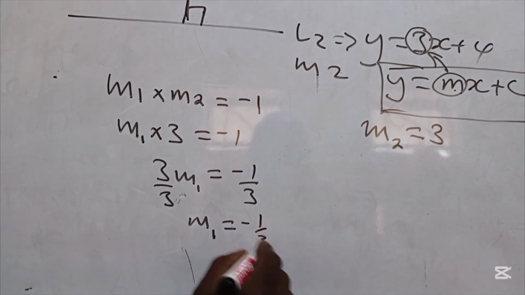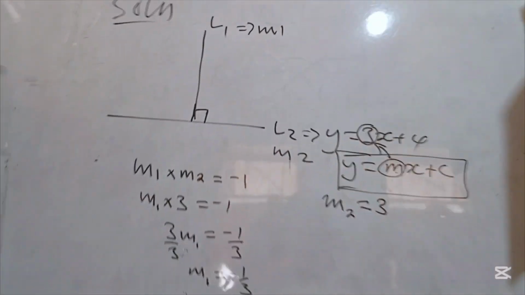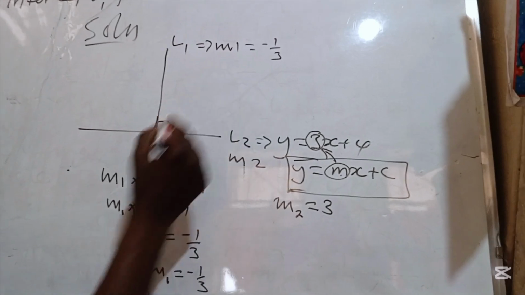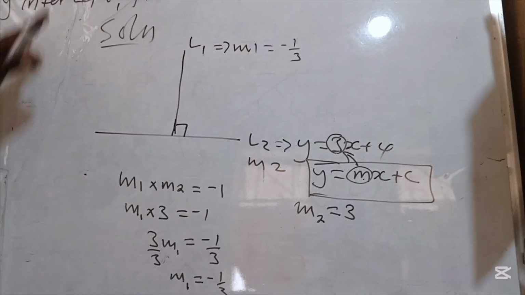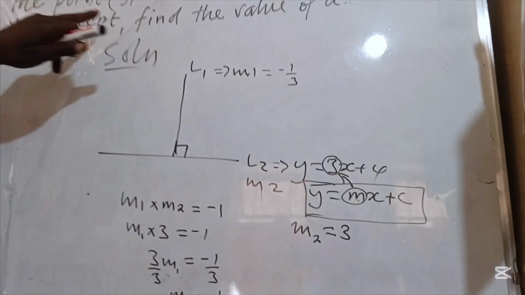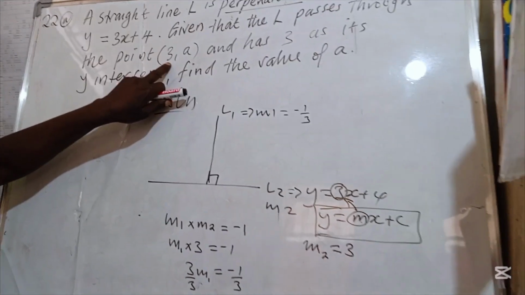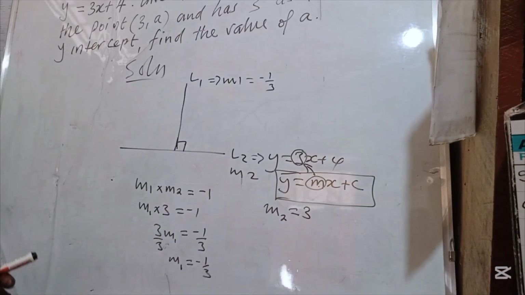This is my gradient for line 1: M1 = -1/3. Now, I'm told the line passes through the point (3, A), and it has a y-intercept. There are many ways of answering this question.